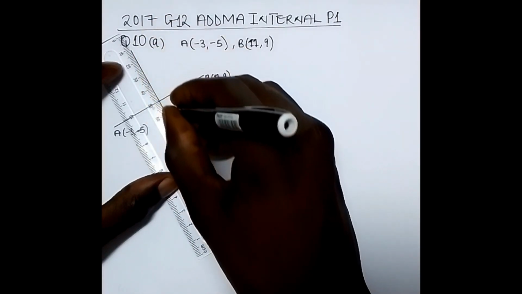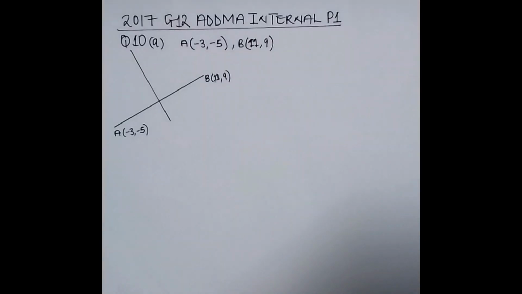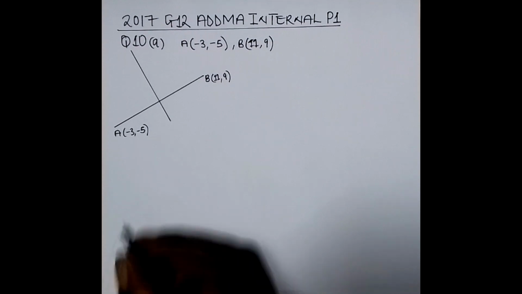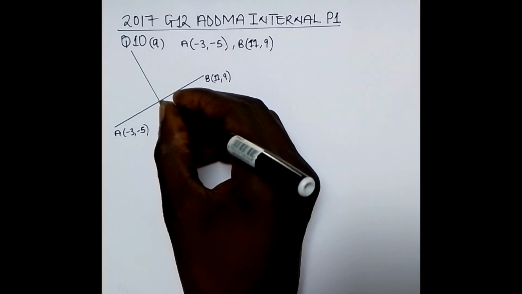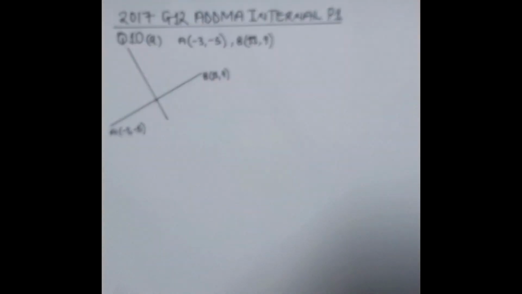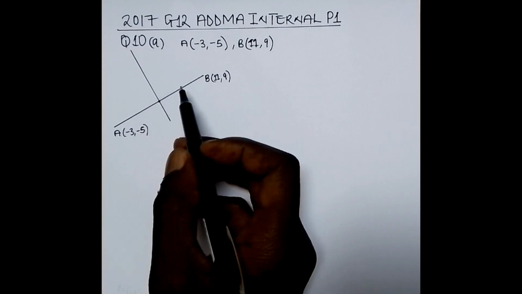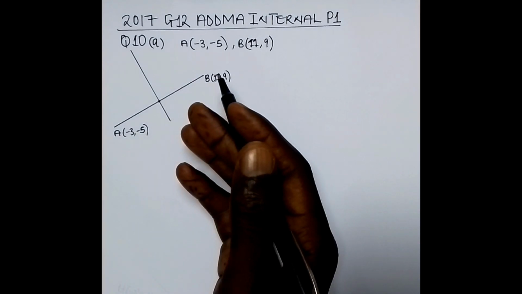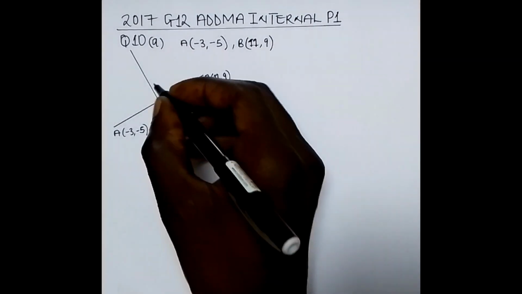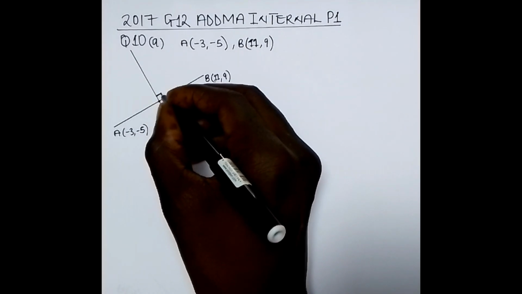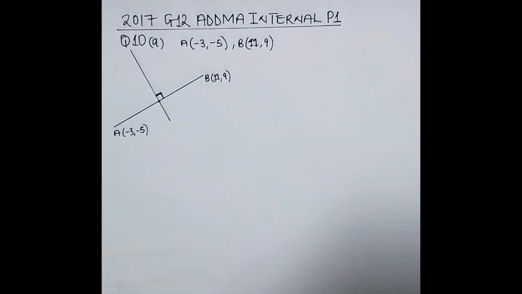Then this means it's a perpendicular bisector. It's a bisector because it's cutting the line AB into 2 equal parts, and perpendicular, forming a 90 degree angle at the point of intersection.